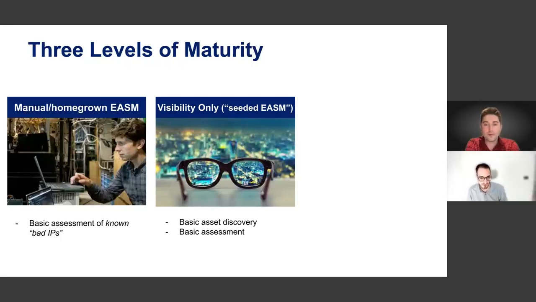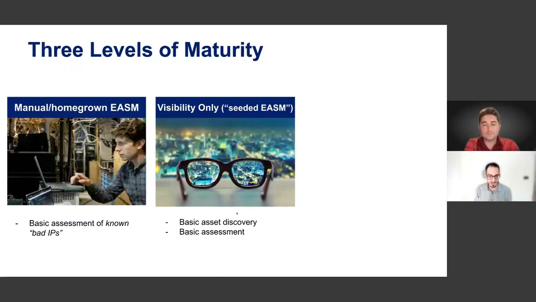The vast majority, if not all, of the processes/solutions in this category are still seeded, meaning they do require the IP ranges and domain names you know about, and they will find some new networks and applications you didn't know about that are directly related. That's the point. They're directly related to that IP range that you already know about.